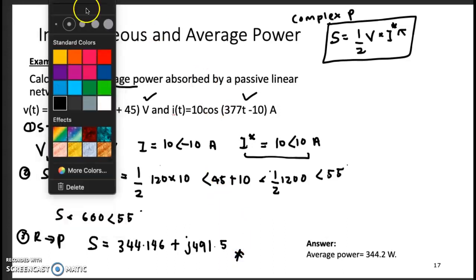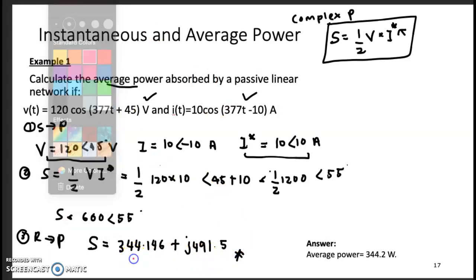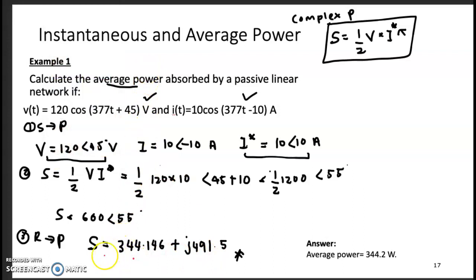So how can you extract the value of the average power? You know S is equal to P plus jQ. So now what is P? P is the average power, that is 344.15 watt. Okay, so what is Q?